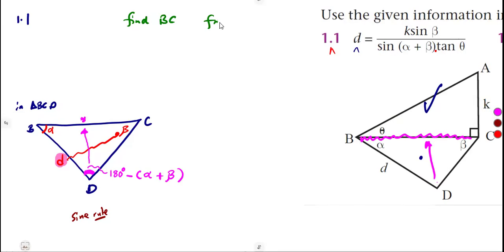From where? Triangle ABC. All right? Which is a right angled triangle, this one. So it is easier for us to determine the length of BC. As we are given the angle, which is theta here. According to the angle theta, AC is what? The opposite. Remember, a right angle triangle. And BC is what?